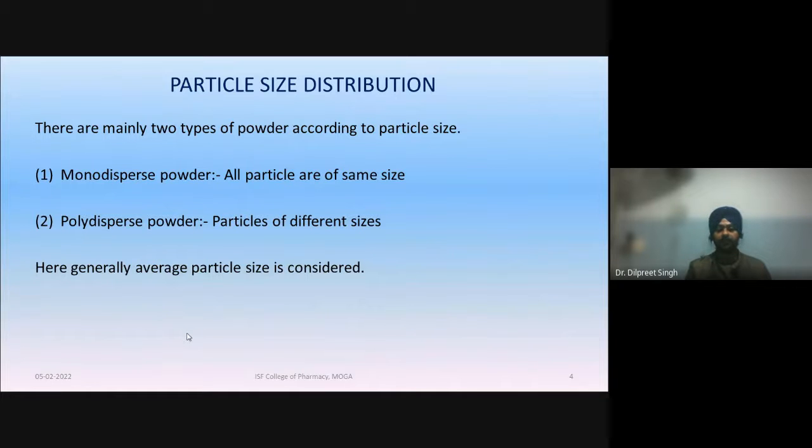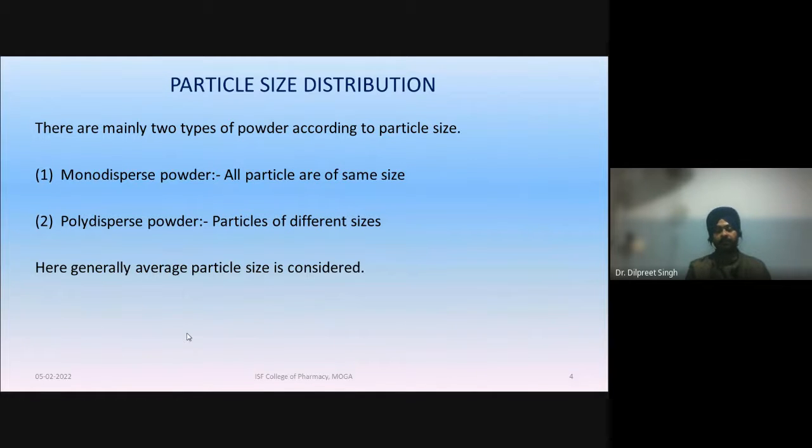When we talk about the polydispersed nature, the particles are highly aggregated and highly fluctuating, so the sizes differ significantly from each other. For example, if one particle size is 50 nanometers, the second is 150, the third is 500, and the fourth is 350. So a majority of fluctuation in the particle size range is considered a polydispersed powder.